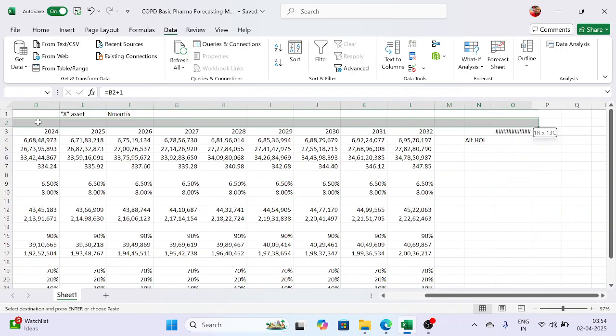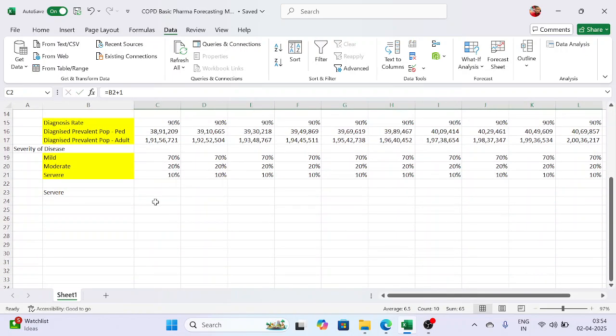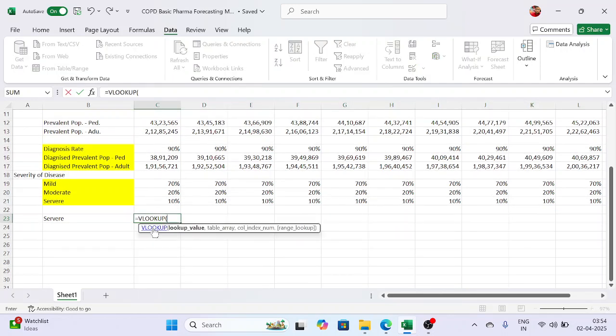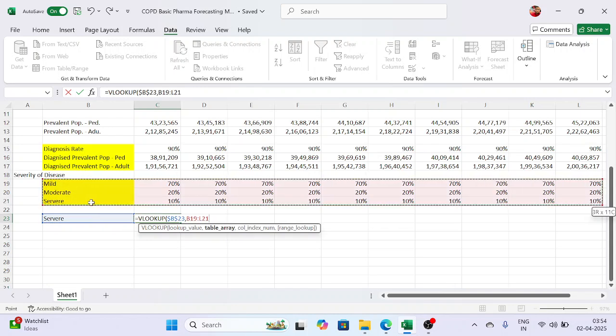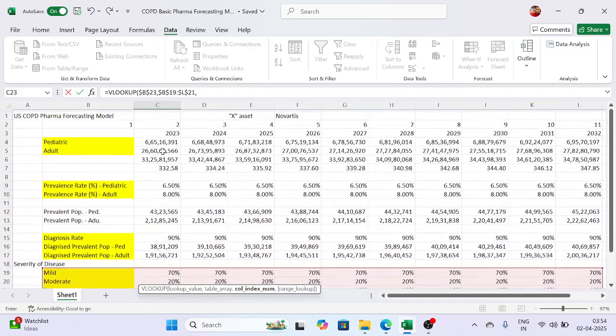For that I'm adding reference numbering. So for severe, let's say VLOOKUP, the lookup value is this severe, function F4 to lock it. We will close this, lock this value, the table array is this, and we will again lock this. Comma, column index number, which starts from this.